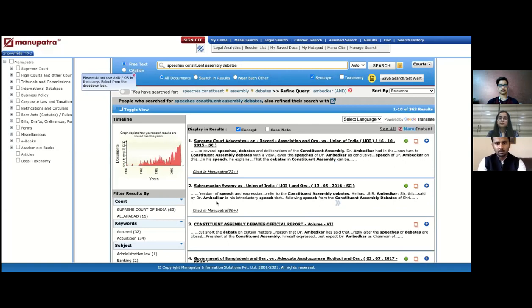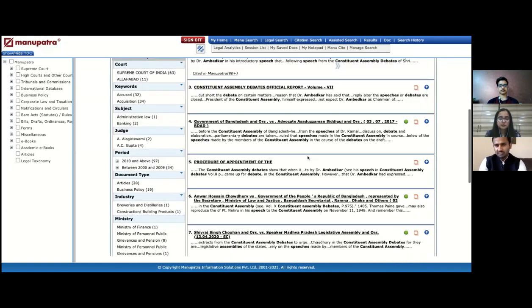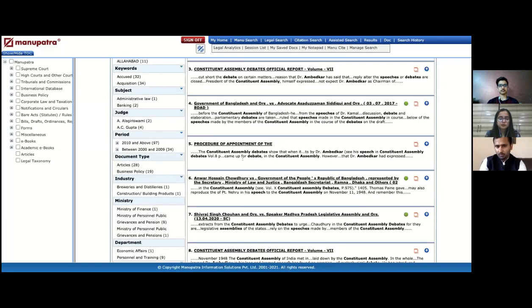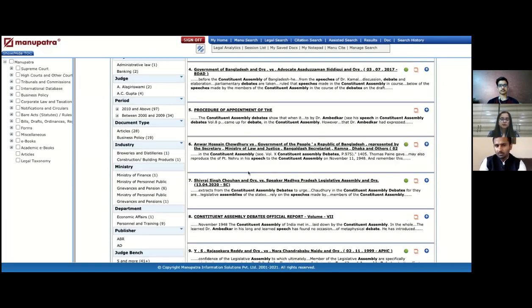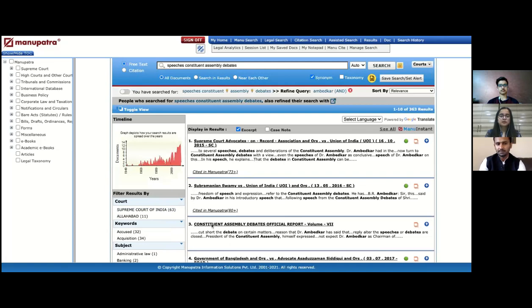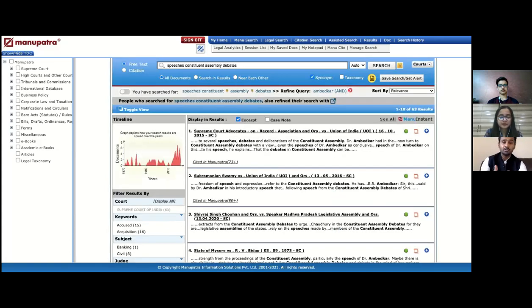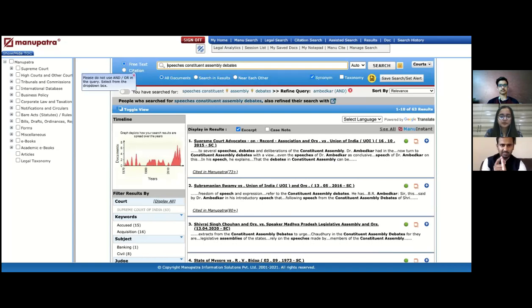So I started finding these judgments. Because now you can see, it says procedure of appointment. Now it is going into some Bangladesh secretariat. So what I did was, I simply looked into Supreme Court of India. So the results of Supreme Court of India judgments, where they have referred to these specific words, speeches, Constituent Assembly debates, and Ambedkar.